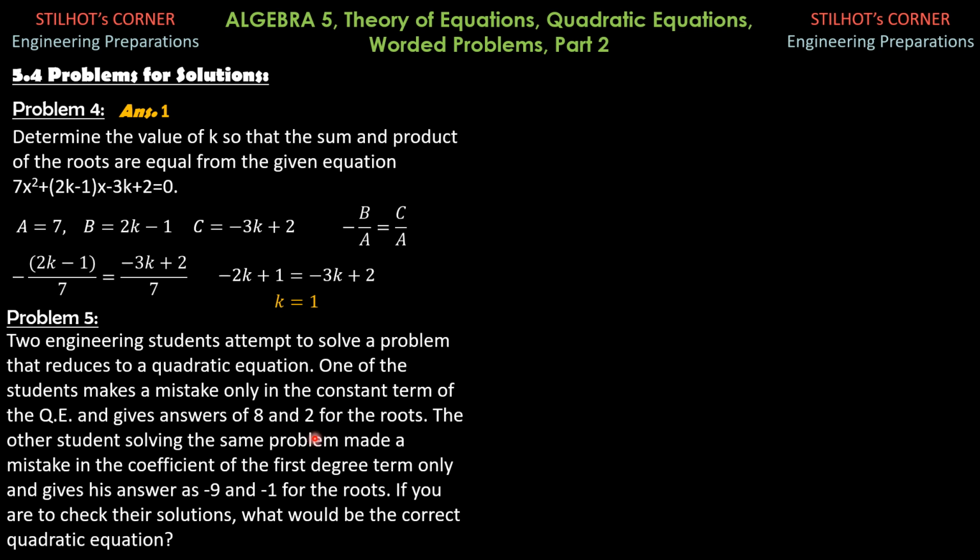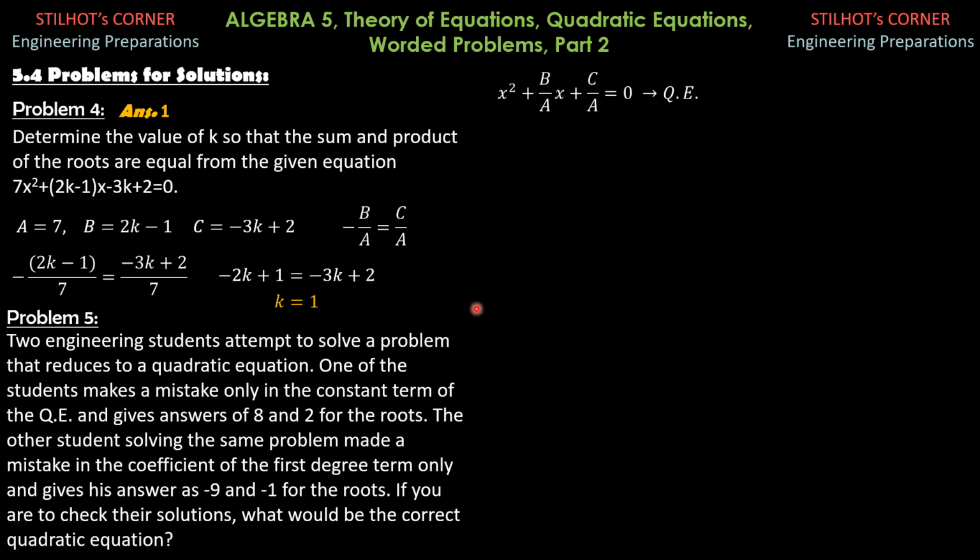So the sum of the roots, which is negative b over a, is equated to 8 plus 2. So this is the expected quadratic equation, x squared plus b over a x plus c over a equals 0. And let's find this b over a and c over a.